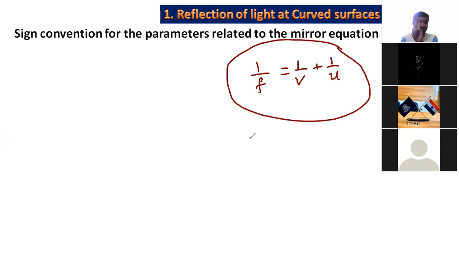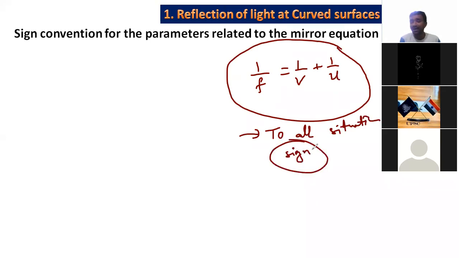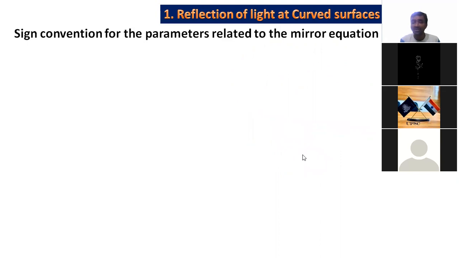We just assumed one situation; to generalize this to apply to all situations, we use sign, symbolical measuring of parameters, right? They depend only on the direction of measurement, right?